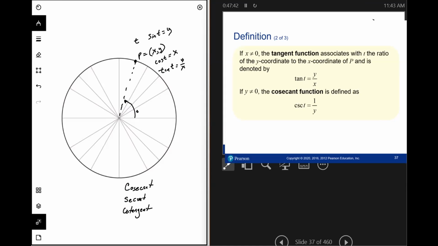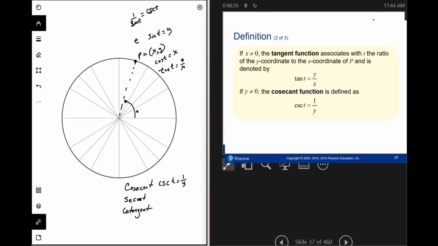Sine and cosecant are related to each other because cosecant, abbreviated CSC of t, is going to be 1 over y. The cosecant and sine are reciprocals of each other. That means that if I do 1 over sine, I will get cosecant. And since sine is y, cosecant is 1 over y.